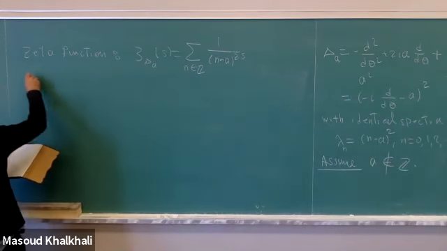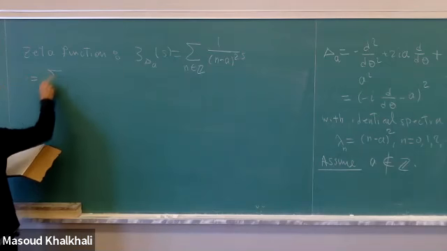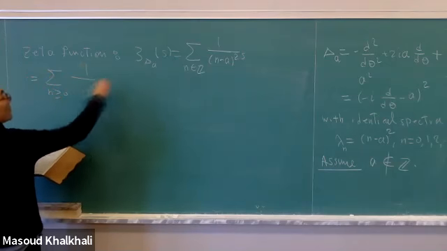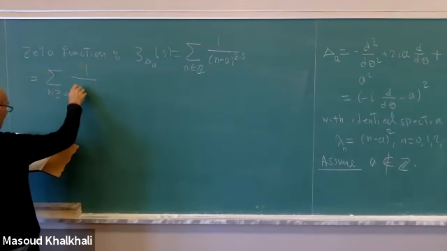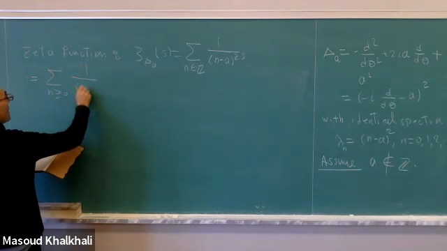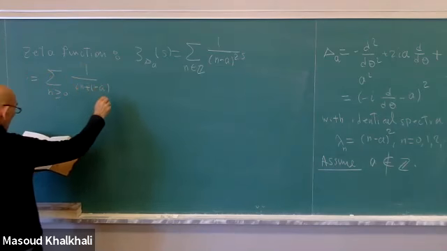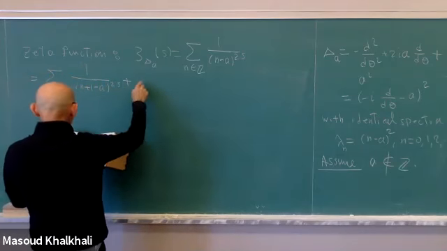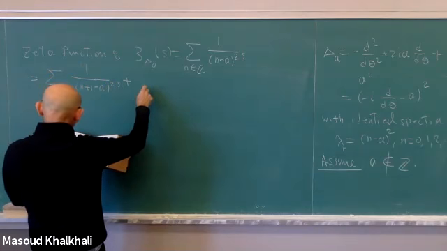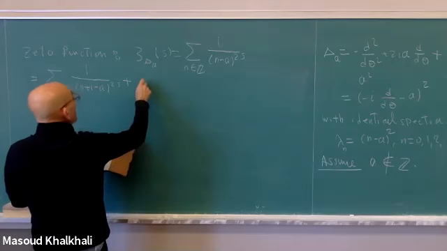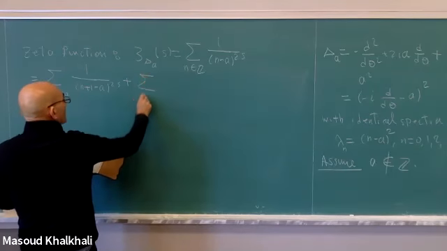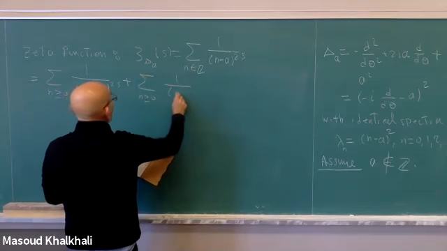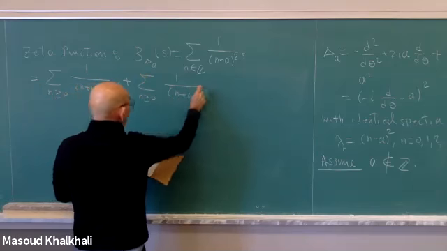So this is equal to now the sum over n bigger than or equal to 0 of 1 over n plus 1 minus a to the power 2s. You want to write it over positive integers only; that's the trick we do. Plus the sum over n bigger than or equal to 0 again of 1 over n plus a to the power 2s.